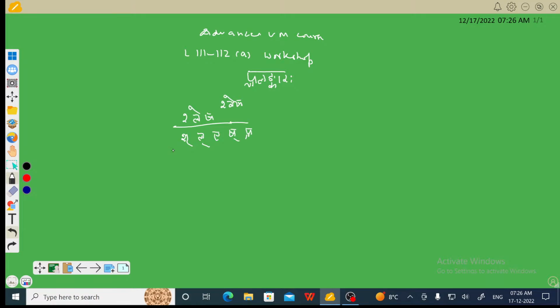This first letter is Ushmana letter, and this is also the Ushmana Swar, and here is Anthastha.